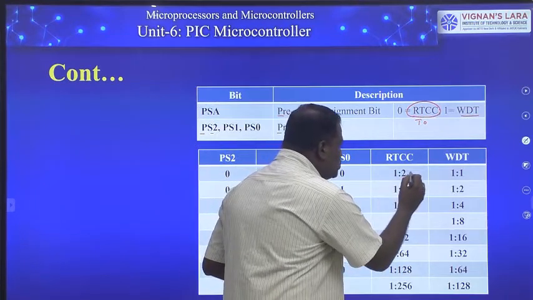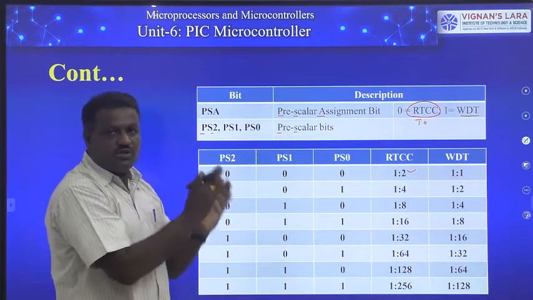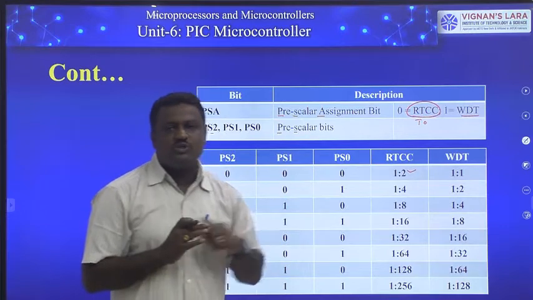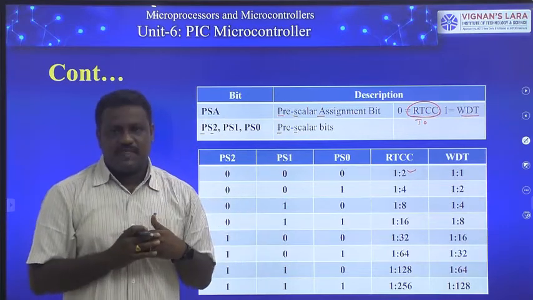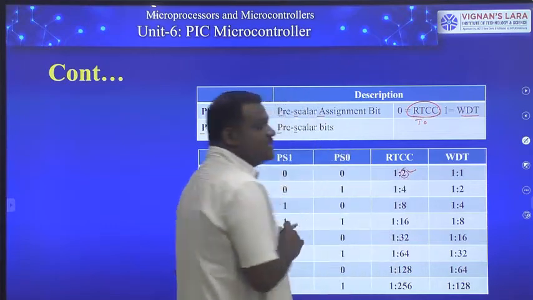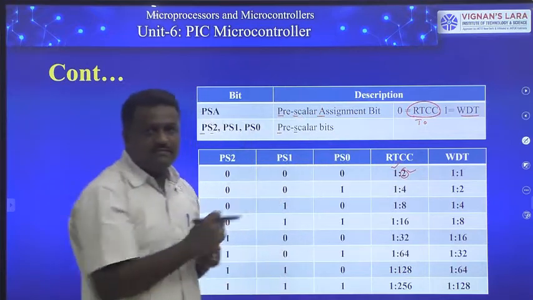If PS2, PS1, PS0 is equal to 0, 0, 0, then my timer 0 prescaling value is 1:2. What's the meaning of this? It means that on receiving every 2 clock pulses, the count value of timer 0 increments by 1.